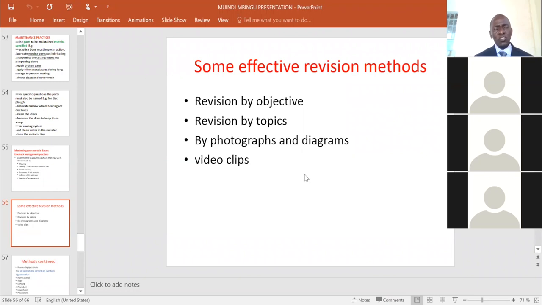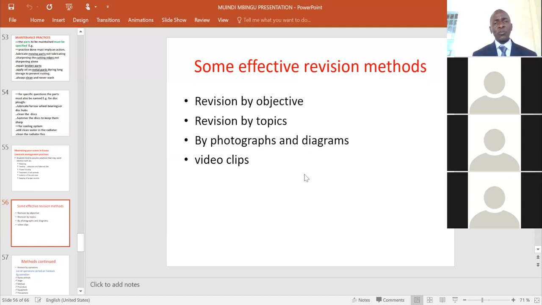As we come to the close, on the screen are some few effective revision methods that you may employ at this time. Revision by objectives. In our agriculture syllabus, there are objectives for teaching or used while teaching every topic. I hope that you have been given syllabi.